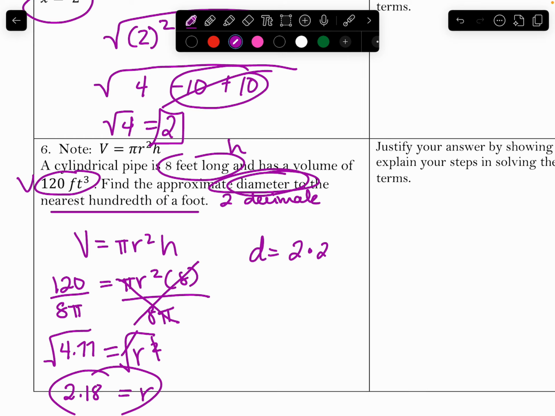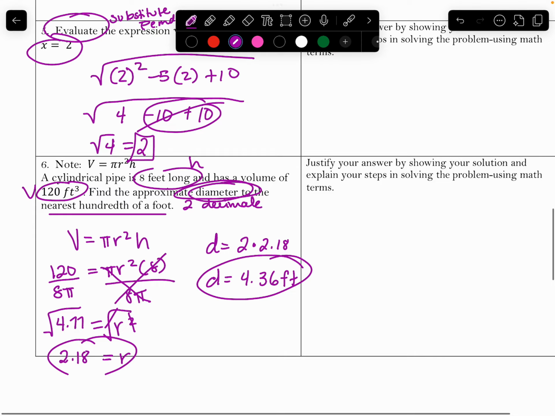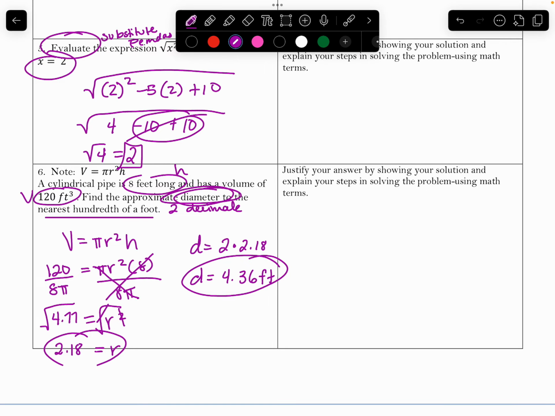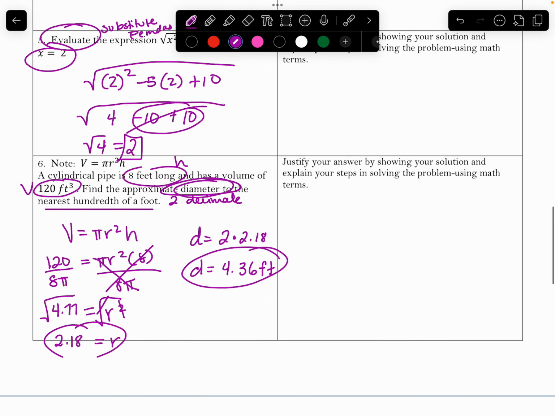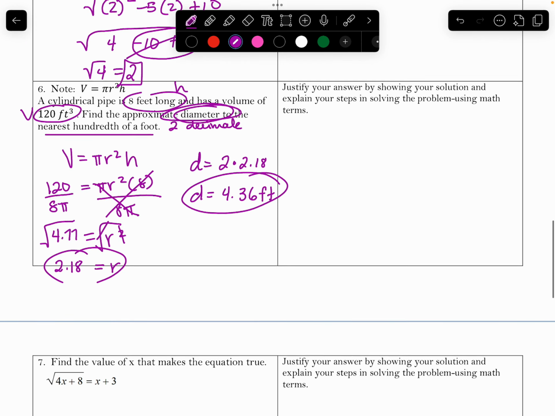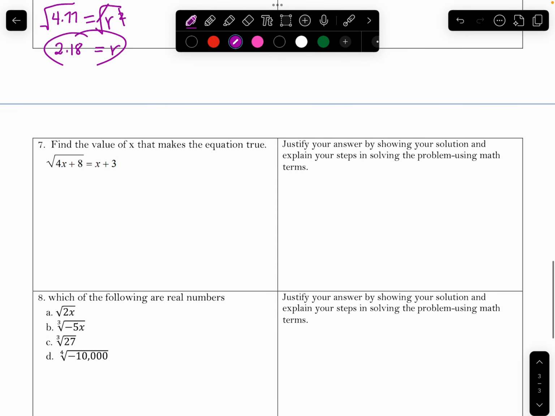Diameter is 2 times 2.18, which is 4.36. Apparently, I don't know how to count or add on this answer key, so it should be 36 feet. If you do not include feet, I will minus 0.5 points. 0.36 feet. But I think it was multiple choice for this one. Anyways, times 2. Don't forget times 2.